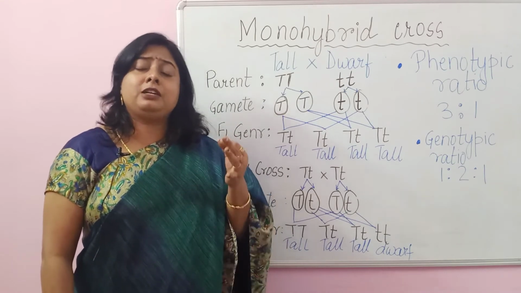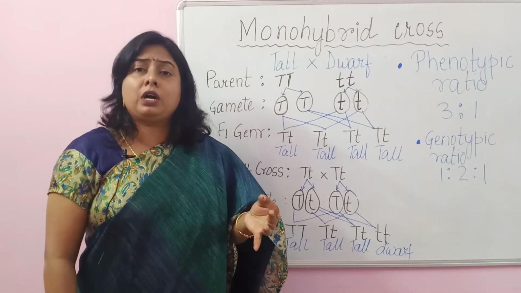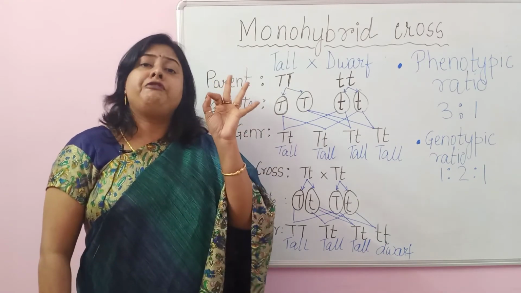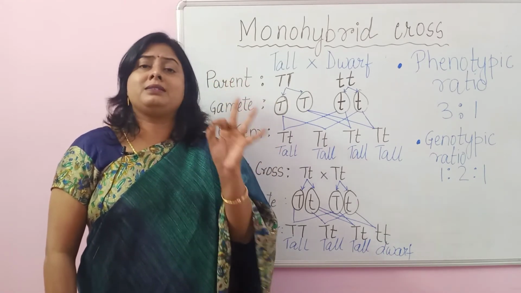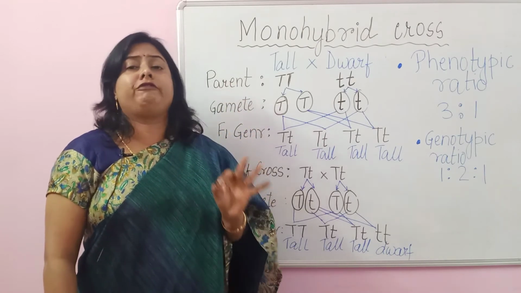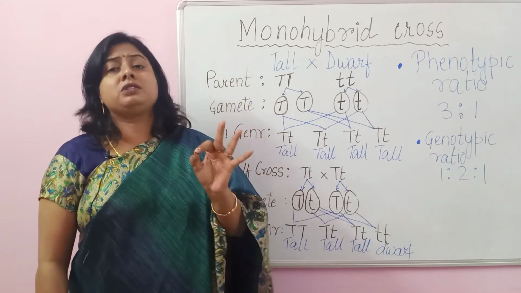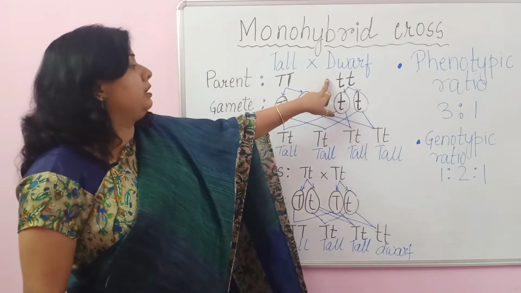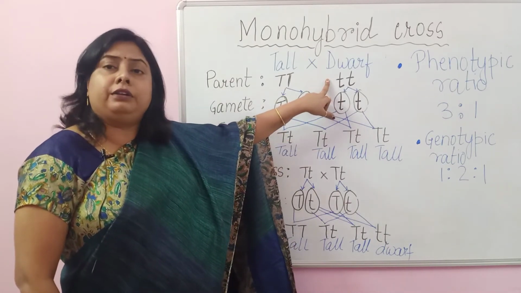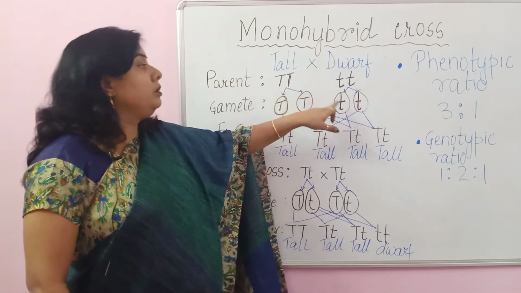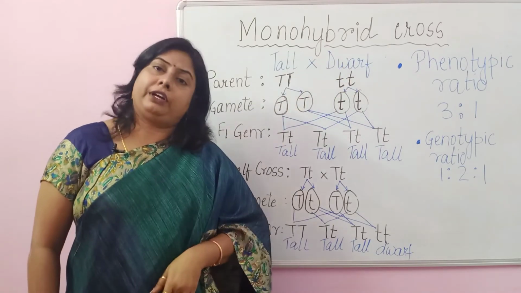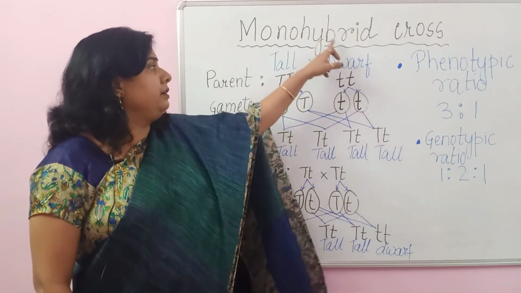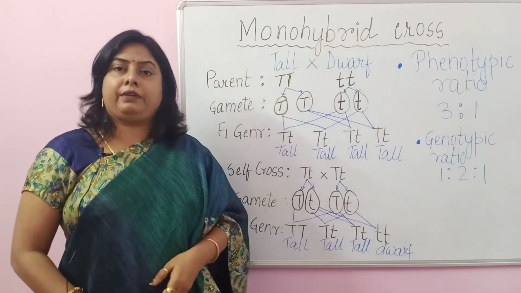I will represent the trait for the yellow color with capital Y, where capital Y signifies the allele of the character yellowness of the seed. And then the small letter is taken for the recessive character.